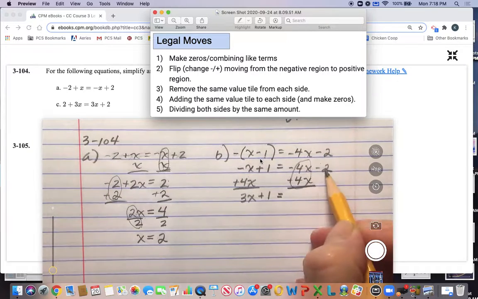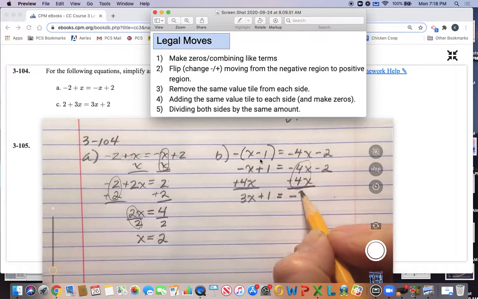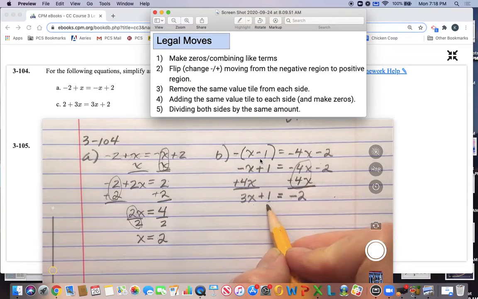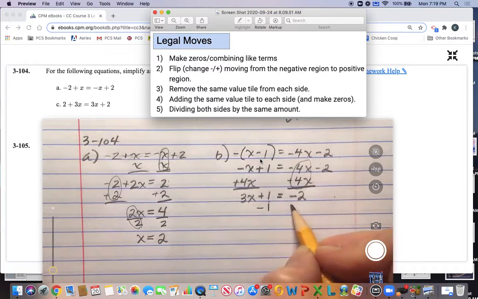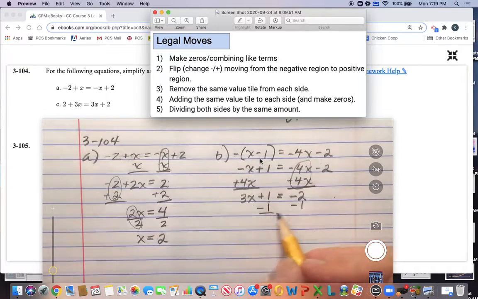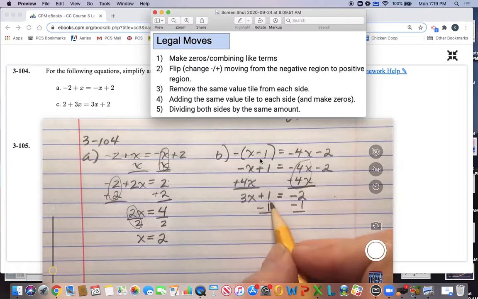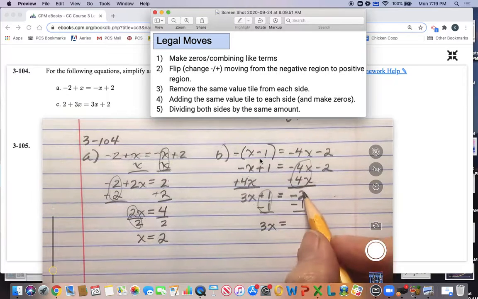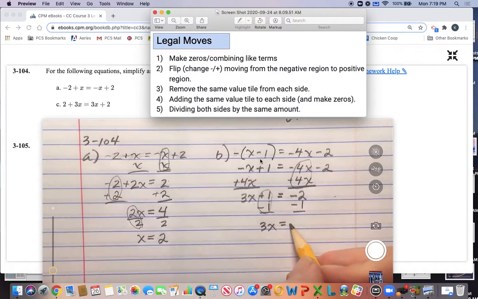This, of course, zeroed out, and so all I have left over here is -2. All right, now I'd like the x's by themselves, and so I would like to get rid of this 1. So if I add a -1 to it and do the same thing on this side, I'll zero out this and only have 3x left on this side. And then over here, I've got a -2 plus a -1, so that's -3.